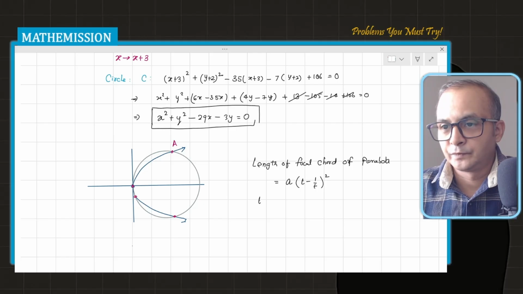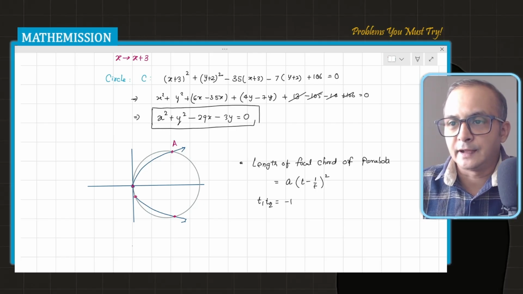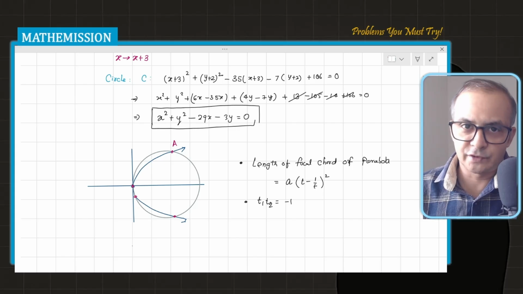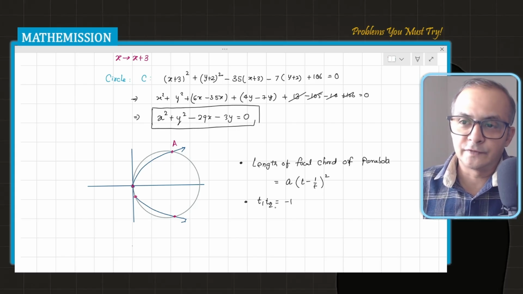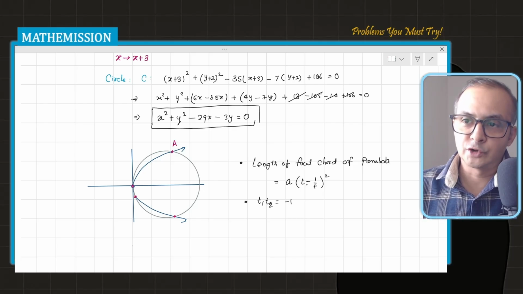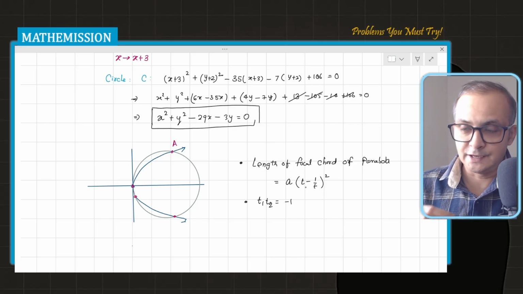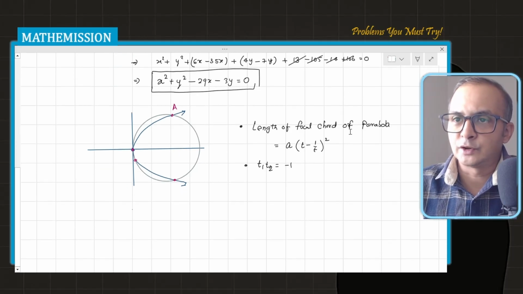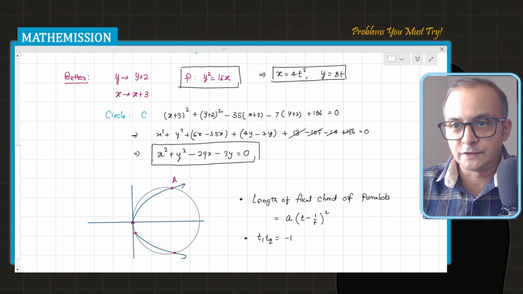And that is why this t minus 1 by t is coming. So it is not necessary to get the different t2. We simply choose one end of the focal chord as t. So this is the plan we have. Just find out the values.